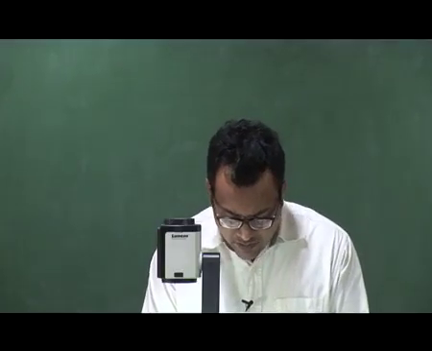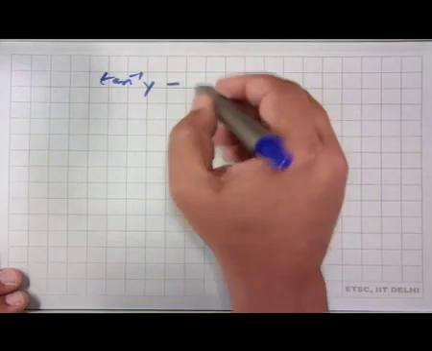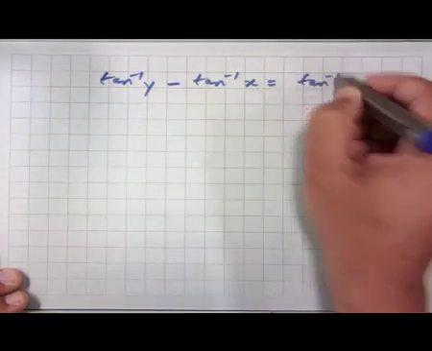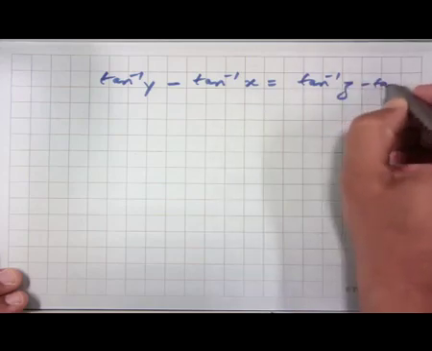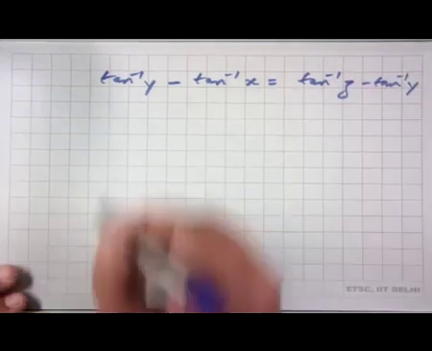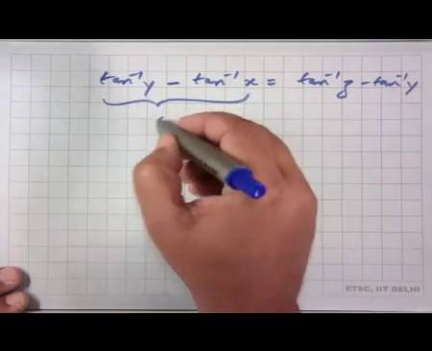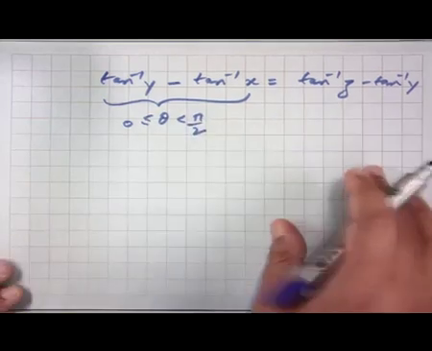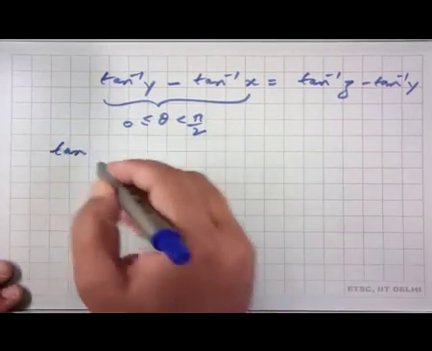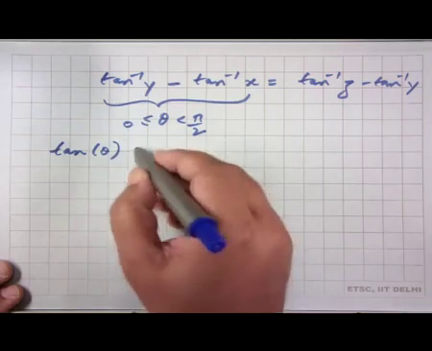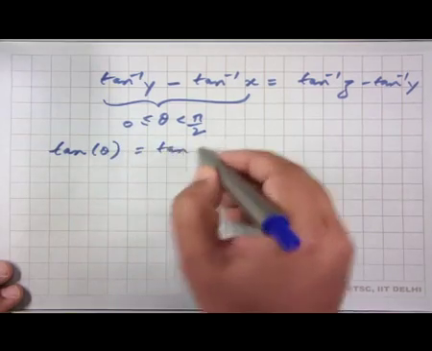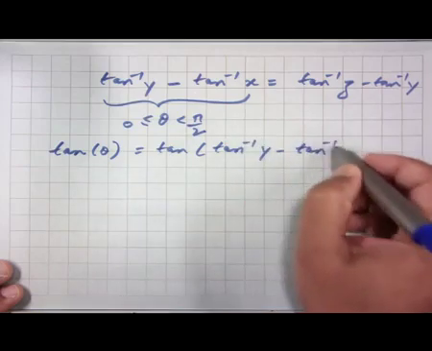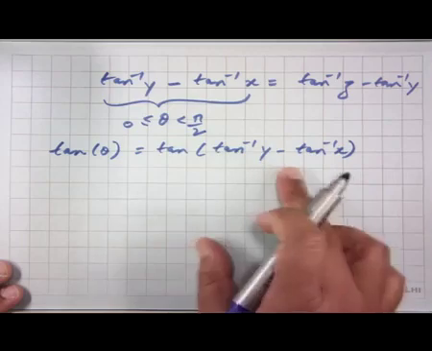Now let us apply the tan function on both sides of this equality. We know that this angle theta is between 0 and pi by 2, and therefore tan of theta can be written as tan of (tan inverse y minus tan inverse x).